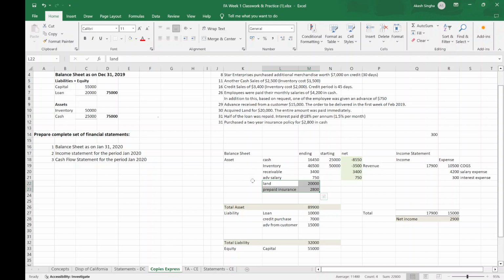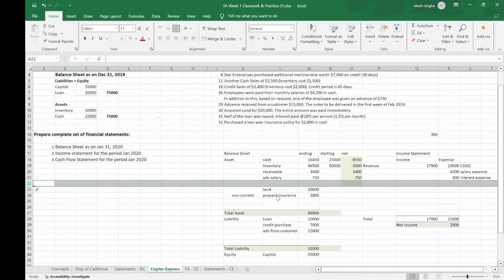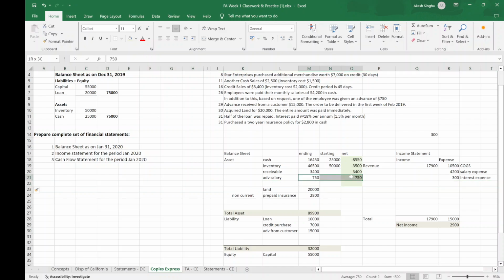So total current is the sum of all except cash.